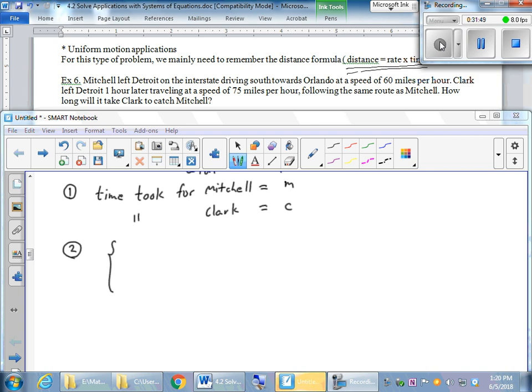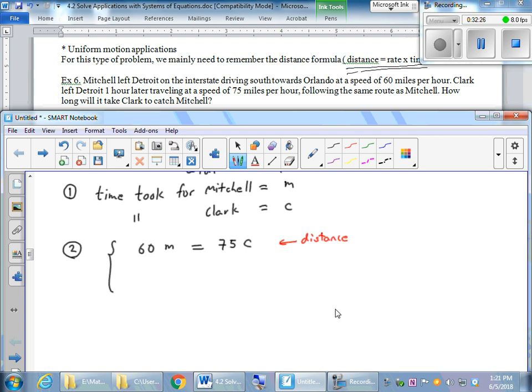So Michelle is driving 60 miles per hour, so that will be what? 60 miles per hour times the time that Michelle goes, that will be M. That distance is equal to 75 miles per hour, which is how fast Clark is driving, times the time that it takes Clark to catch up. So these two distances are equal. So the first equation, we set it up on the distance, right?